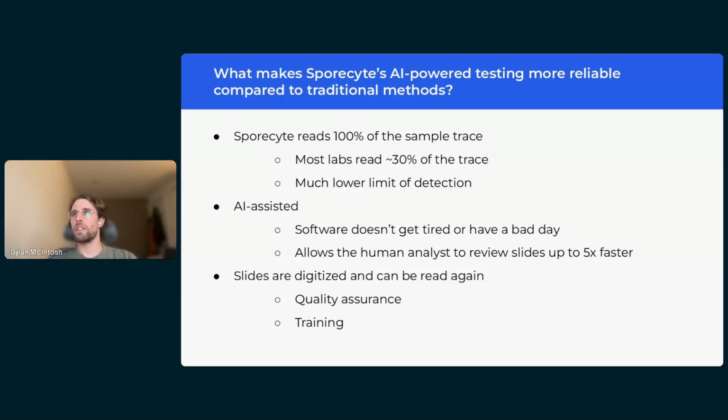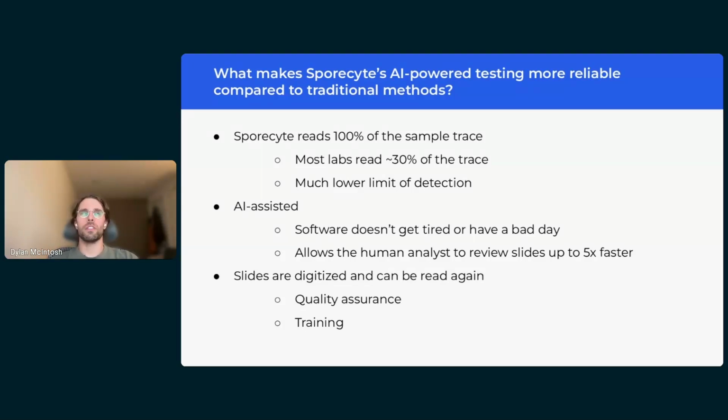And then another benefit is our slides are digitized. We use these whole slide scanners, which are essentially a very elaborate microscope with a high resolution camera that collects really fine images of the slide, and it gets run through our software. And we can retain those images almost indefinitely.